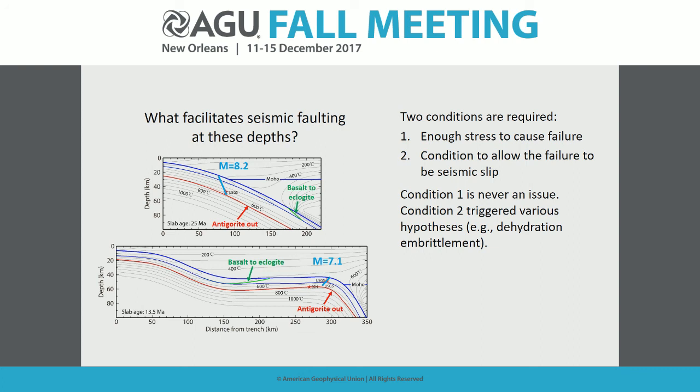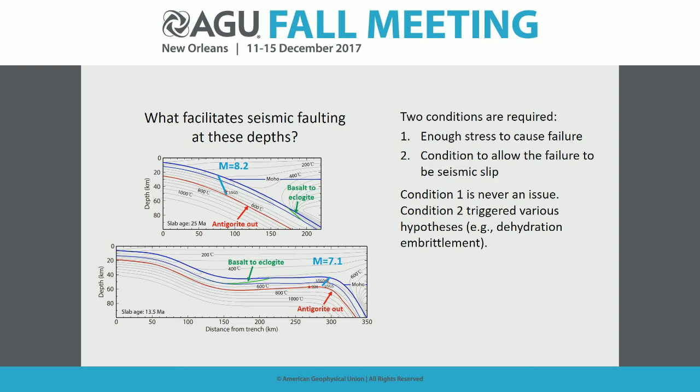Intraslab earthquakes, or intermediate depth earthquakes, require two conditions. One is that there has to be enough differential stress to cause failure. The second is that the failure has to be in the form of seismic slip, high rate, localized slip. The first condition is never an issue, right? There is enough differential stress in the slab.